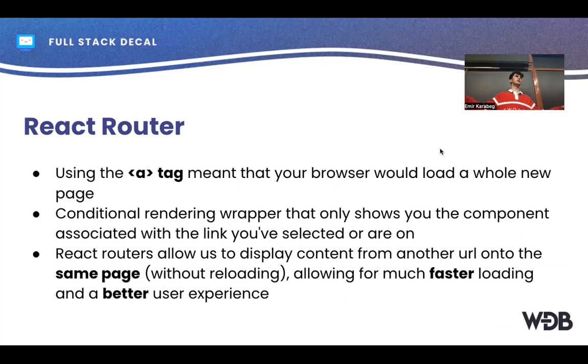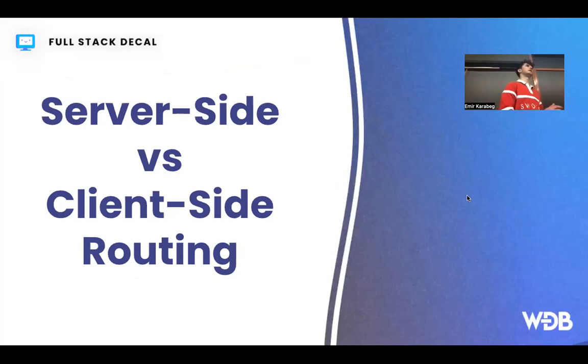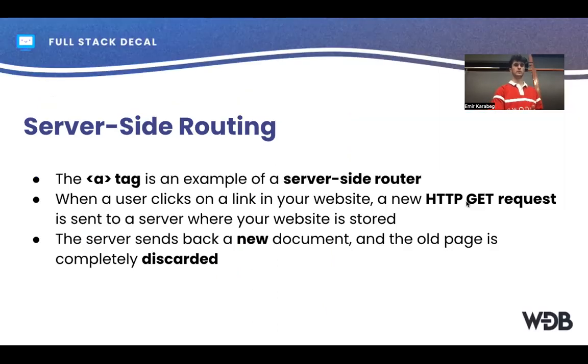You might be looking at this and thinking, okay, what is he talking about? There's routers, there's A tags, what's happening? Let me get to it in a second, but let me first explain something called server-side versus client-side routing. Back when we were using the A tag, that was known as server-side routing. Every time we clicked on a new link, our website actually sends an HTTP GET request to a server wherever our website is stored.